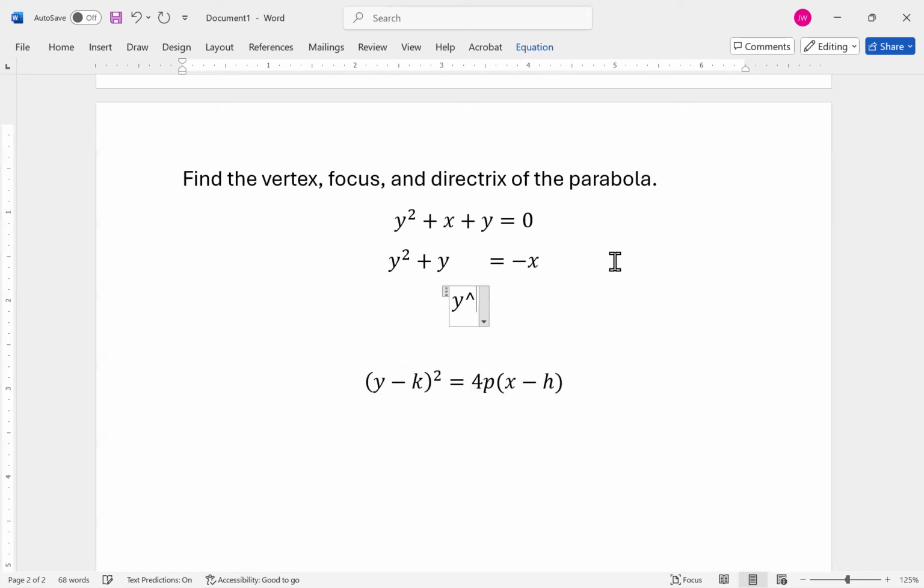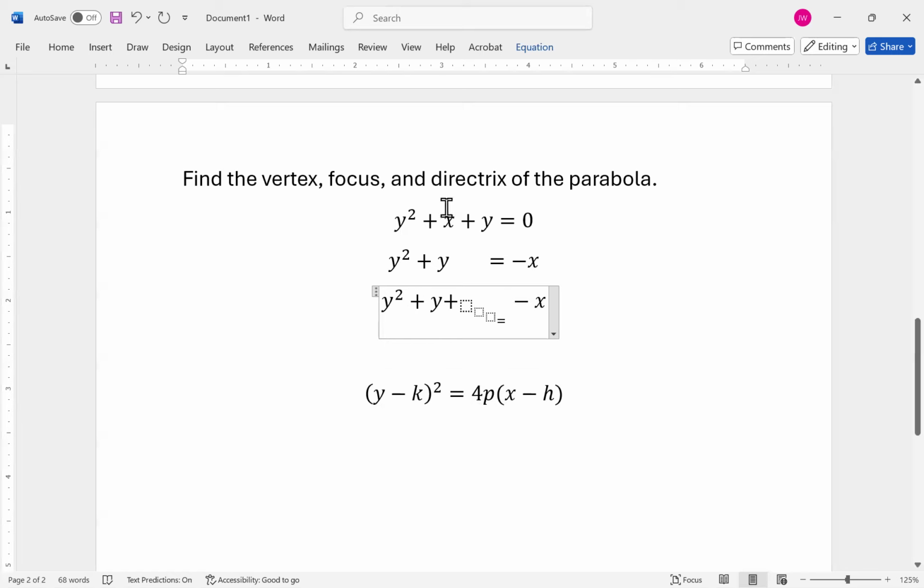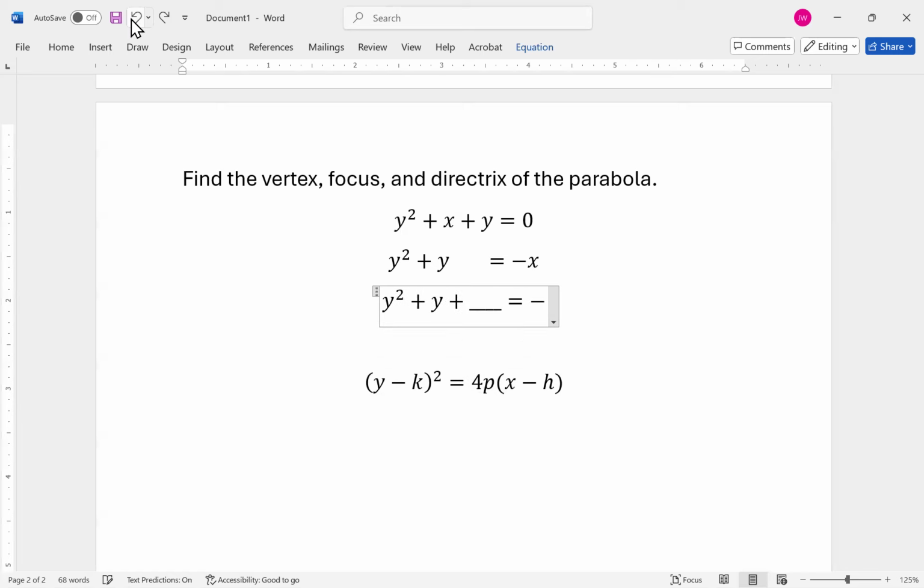Now, the question is, what unknown value am I going to have to add to that left-hand side? So what's the value that I need to add or subtract? When I do that, I'll have to do the exact same thing on the right-hand side.